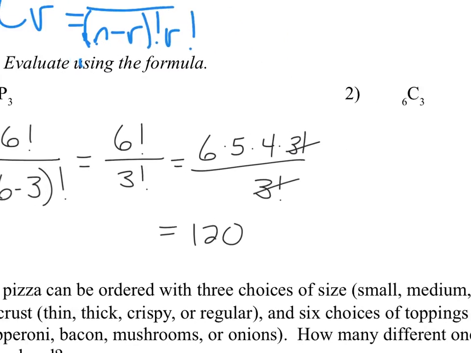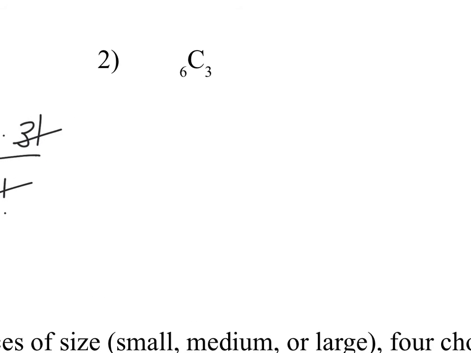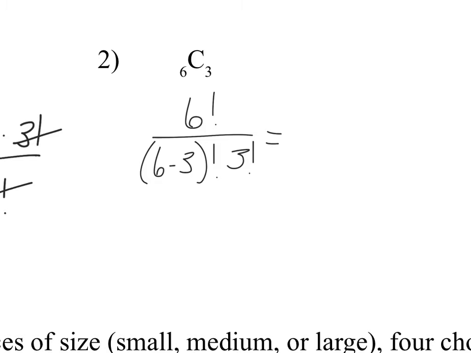Let's work through example number 2. Here, all that's different is that I'm now using my combinations formula. So I'm going to set that up. It's going to look like 6 factorial divided by 6 minus 3 factorial times 3 factorial, which once I simplify, I can write as 6 times 5 times 4 times 3 factorial divided by 3 factorial times 3 factorial.